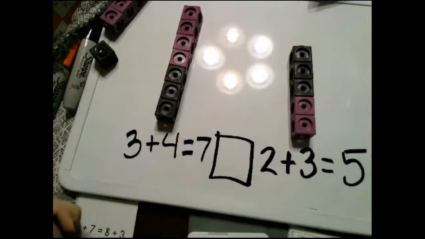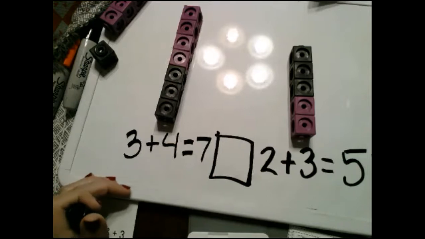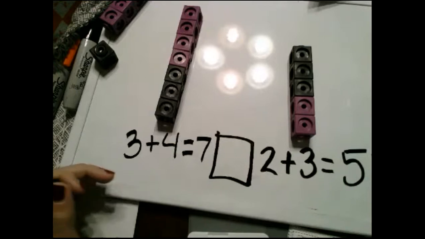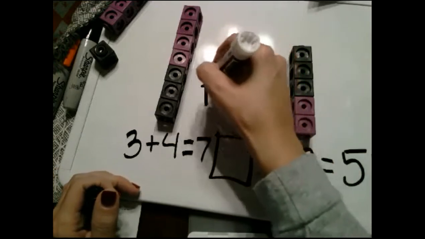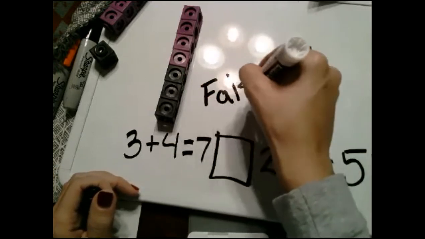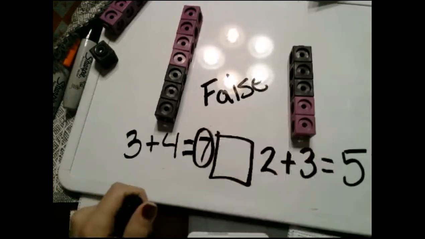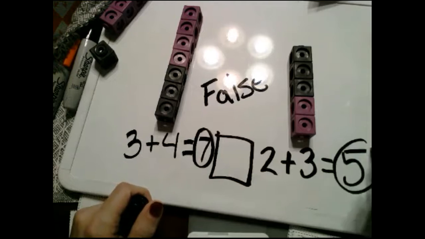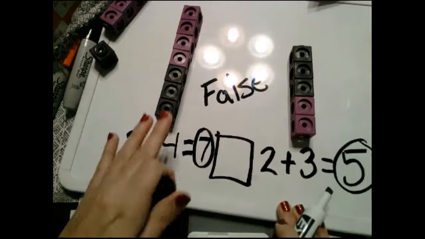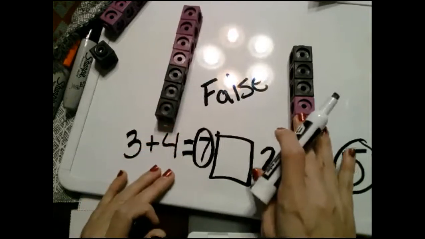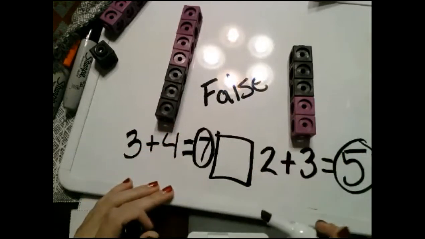That's right, they are not equal. So this one would be false, because this quantity is not the same as this quantity. So I know that 7 and 5 would not be equal.